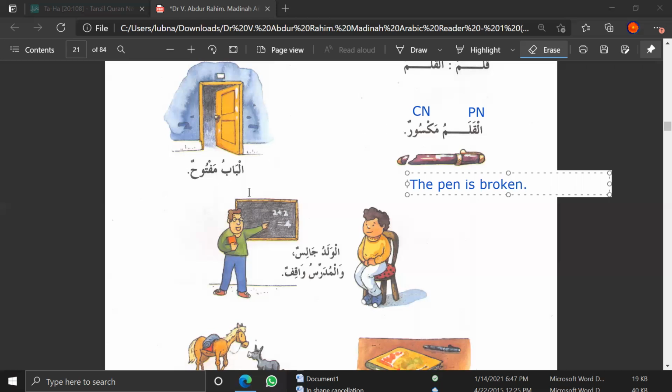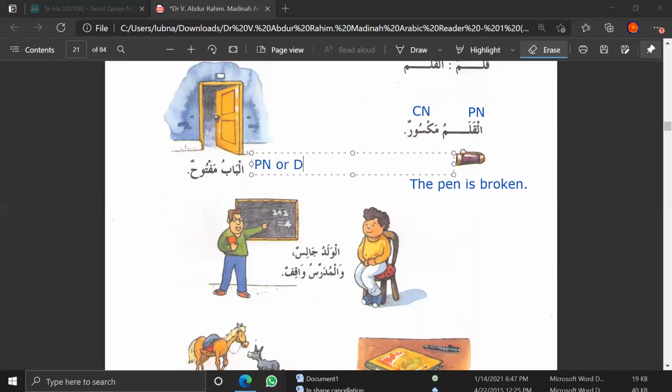What about this one? Al-babu maftuhun. Which one is proper? Al-babu is proper. Why is it proper? It's definitive, because of al, the door. So that's why it is a proper noun or definitive noun.